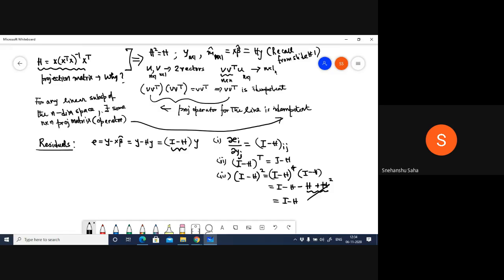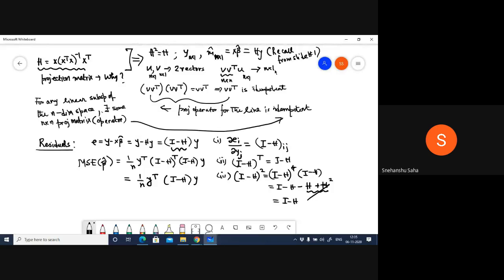Having said that, we can use all of this to rewrite my mean square error, which is 1 by n y transpose (I minus H) transpose (I minus H) y. This simplifies to 1 by n y transpose (I minus H) y, from the idempotency of I minus H itself.